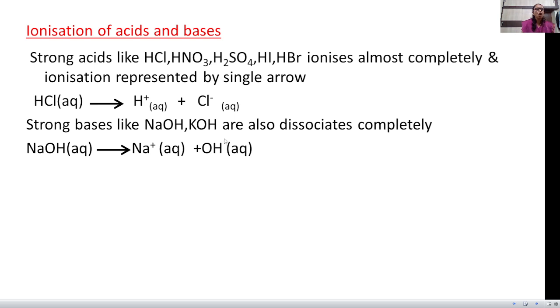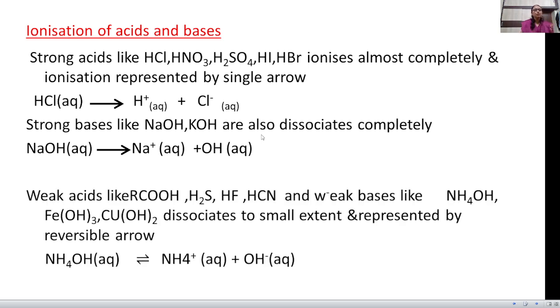Thus, strong acids and bases dissociate almost completely. Once more, you have to remember the names of strong acids as well as strong bases. In case of bases, NaOH and KOH are strong bases.